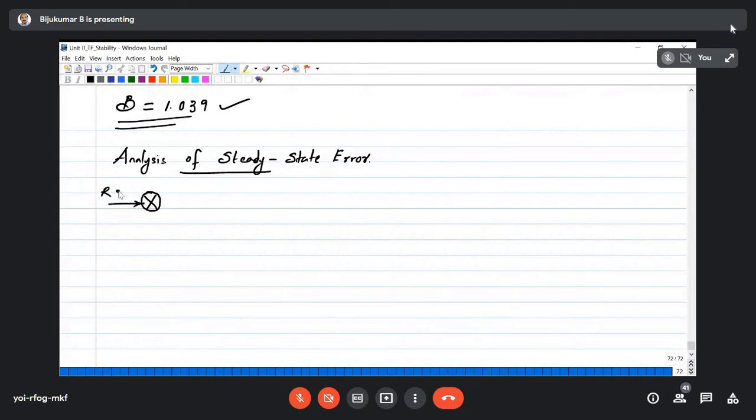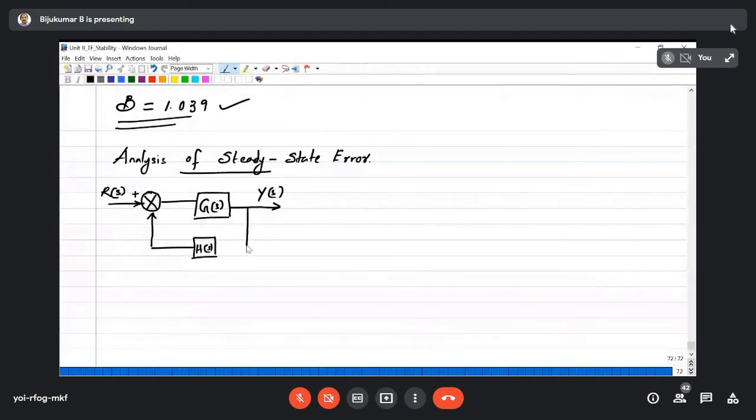This is R of S, let it be the input, plus I have the forward path gain G of S and an output Y of S. This is fed back to the input through a gain block H of S, reading from the output, right? This is a general block diagram of a closed loop system. For a negative feedback system, it is minus.